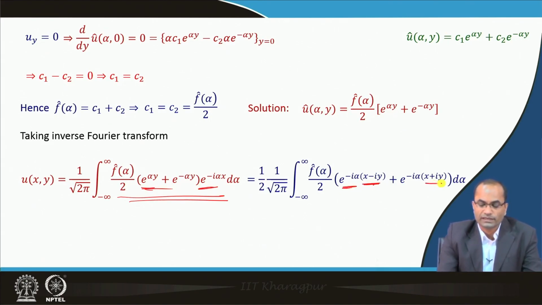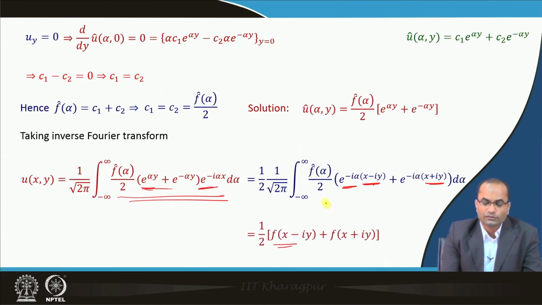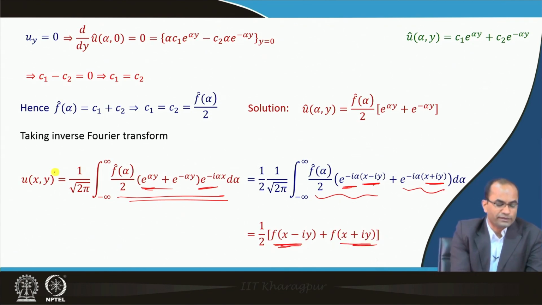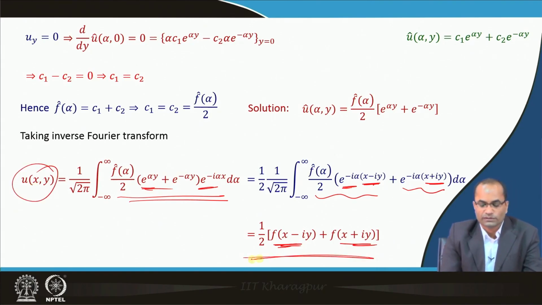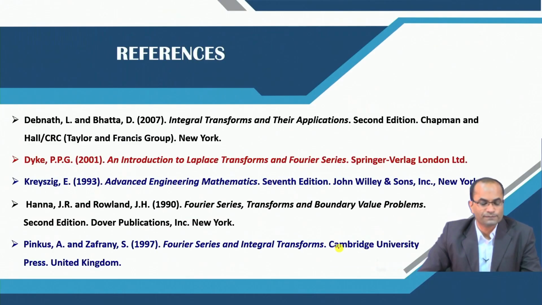So, x minus i y, and here we have this x plus i y, and this can be written now directly with the inverse formula. So, f of x minus i y, and here it will be f of x plus i y. So, u x y is equal to half of f of x minus i y plus f of x plus i y. So, it was a similar step to what we have already done in many problems.